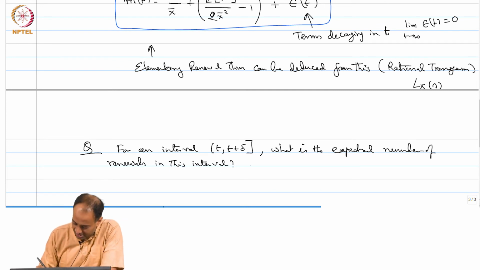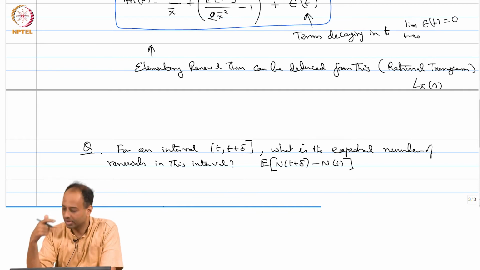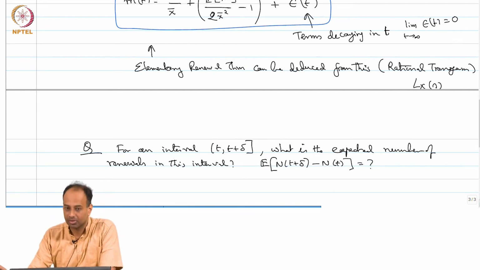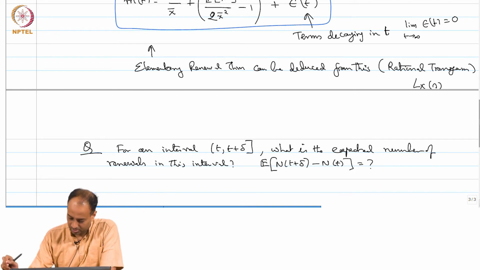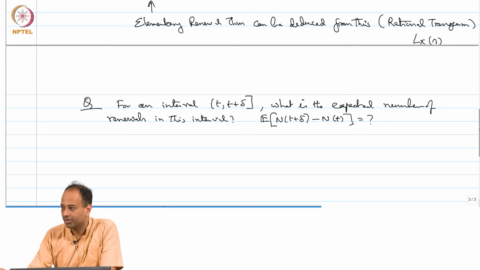I want to look at how many renewals happen in this interval t to t plus delta. This is answered by a theorem known as Blackwell's theorem. That is what we are heading to. That theorem answers precisely this question.